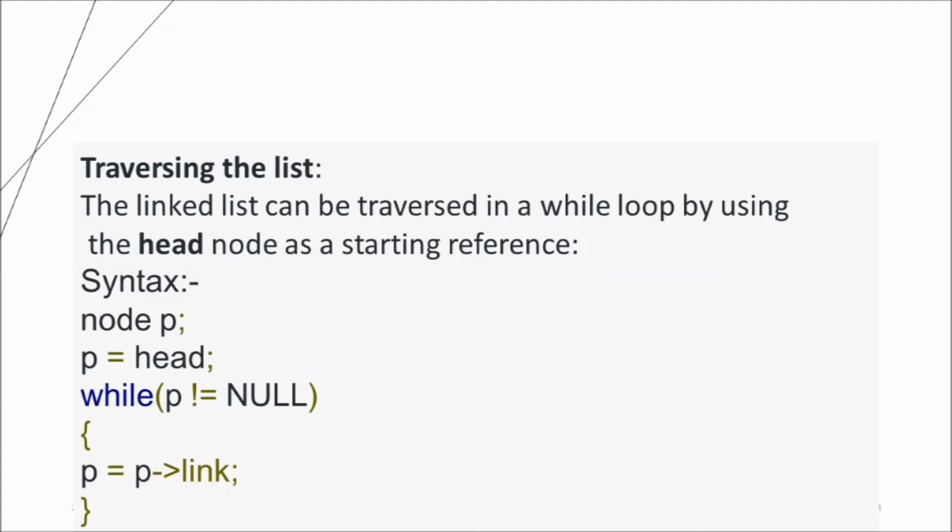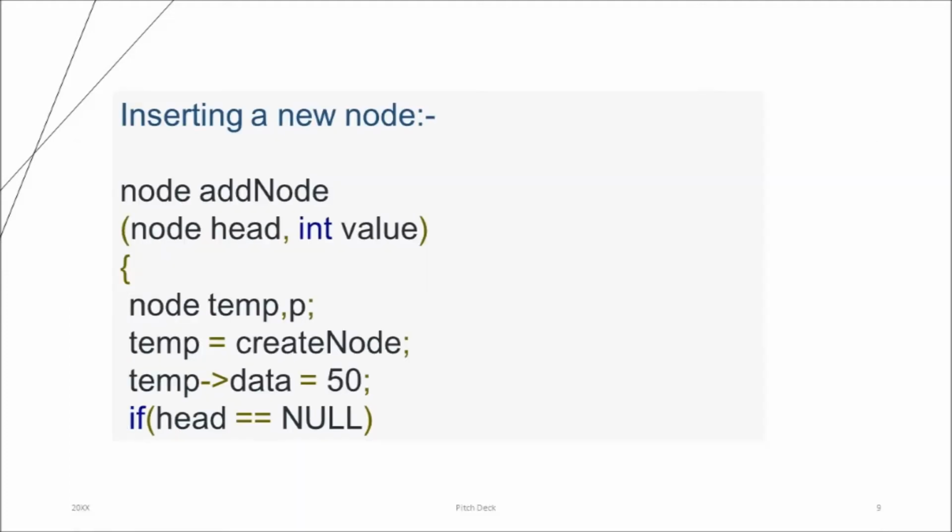Let's see how to insert in a single linked list, and this is the basic syntax of how to insert a node in a single linked list. We are taking the temporary pointers temp and P. Let's assign temp's data equal to some value. We can type any value here.